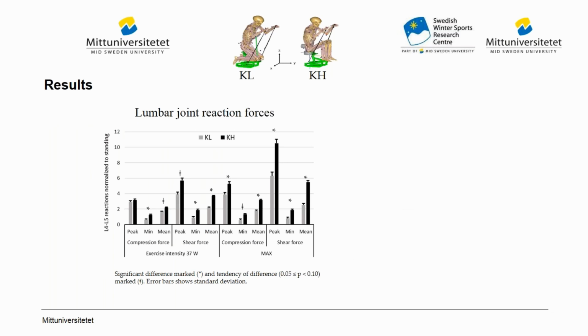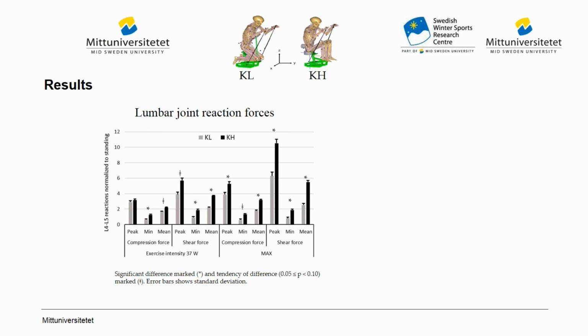To the joint reactions then, I will start with the lumbar joint reactions. This was between the lumbar vertebra 4 and lumbar vertebra 5. The results are presented as normalized to the joint reaction forces of a theoretical standing position for each participant. So we took the scaled model from the sitting and made that model in the computer stand up and used exactly the same joint angles for all the different models.